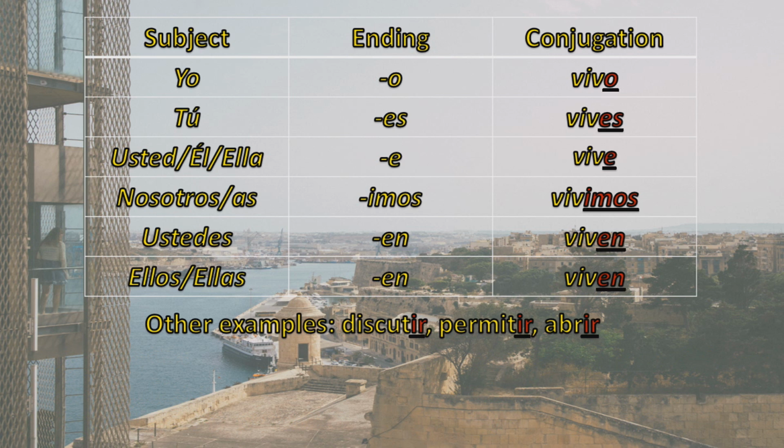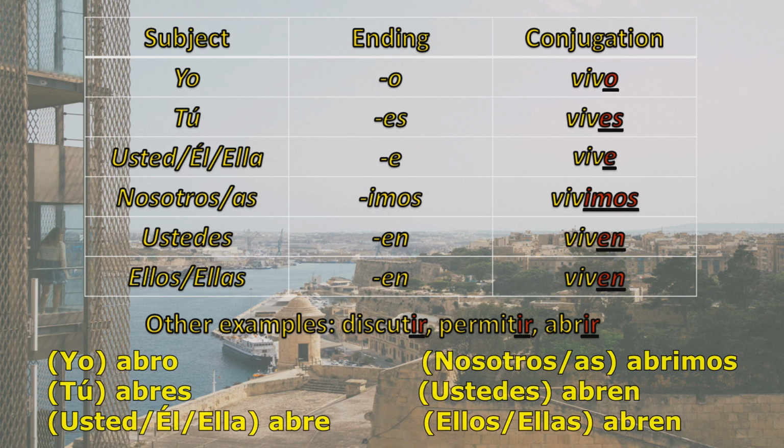And the same with the last example that I bring to you, abrir, that is like to open in English. And I say, yo abro, tú abres, usted abre, él abre, ella abre, nosotros abrimos, or nosotras abrimos, ustedes abren, ellos abren, ellas abren. Okay, guys?